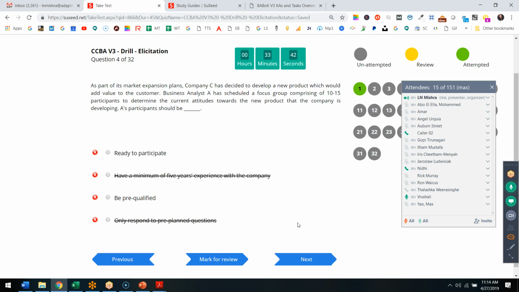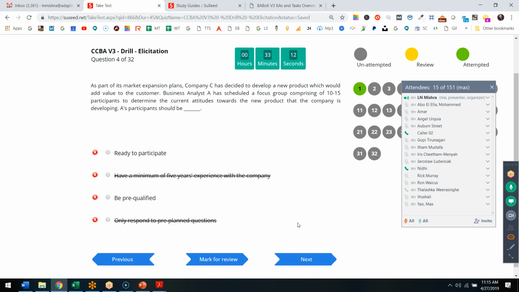Correct. In BABOK, there is a mention that if you want to choose somebody for a focus group, you have to choose them carefully. Of course, you should not choose somebody who is not ready to participate. Maybe sometimes you may choose them as well to get some insights. But generally, a person is not opening up. Would a group setting be better or a one-on-one setting?